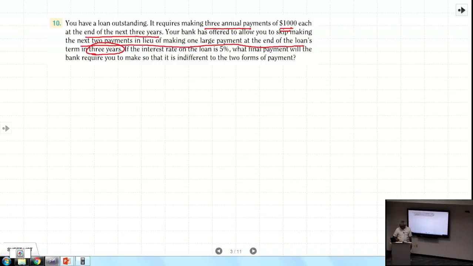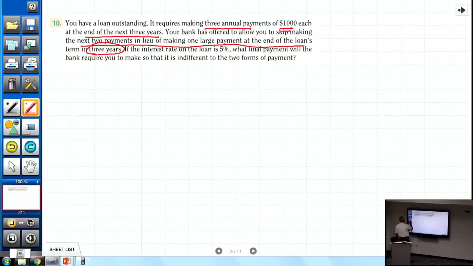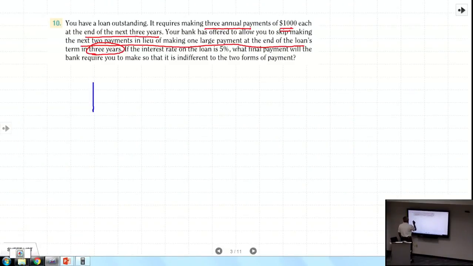Okay. So here, first of all, what you need to do is evaluate the first alternative. The first alternative is, we can put this into a timeline.